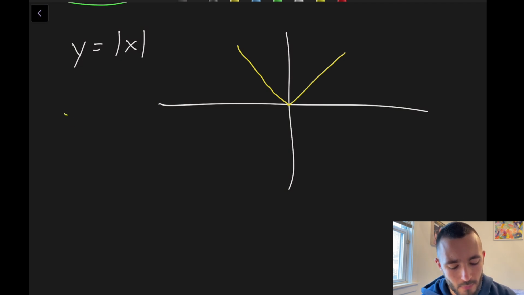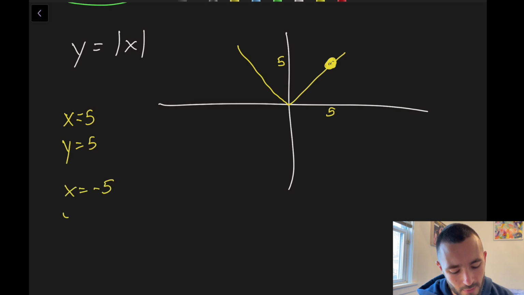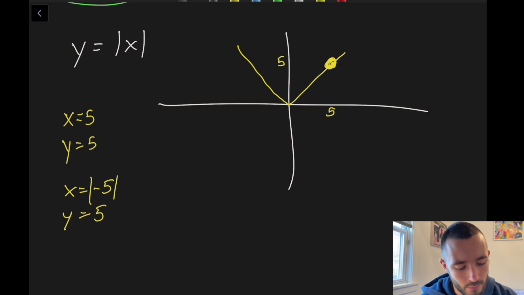If we have x equals 5, then y is going to equal 5 because the absolute value of 5 is 5. So we're going to have a point right over here at 5, 5. Well, what if x is -5? Y is going to be 5 because -5 is 5 away from 0. So that's why we have a point right here at -5, 5.